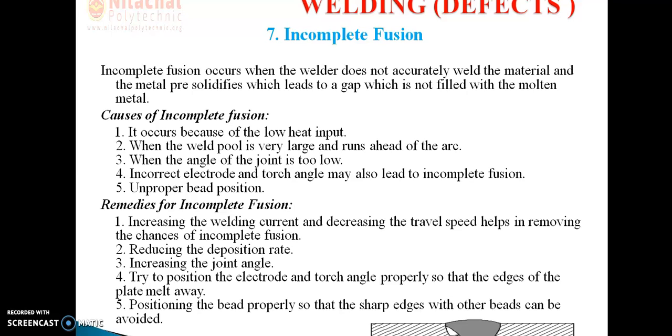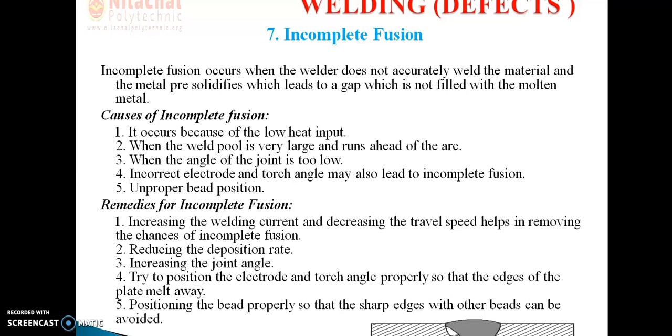You have to check the proper welding position, whether it is horizontal or vertical. Particularly in vertical welding, this type of problem generally occurs. If you are using a horizontal welding process, then you can easily avoid incomplete fusion.